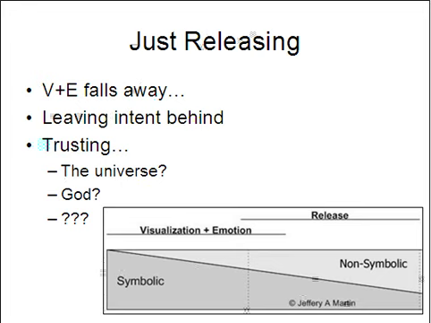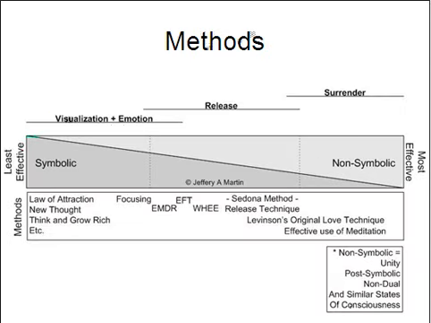It doesn't seem to suggest that you should be learning and trying to release. So if we go back to the previous graphic, and we see law of attraction, new thought, think and grow rich, etc., that seems to be all that you should be doing here. And that's one exception for what I've got drawn here.